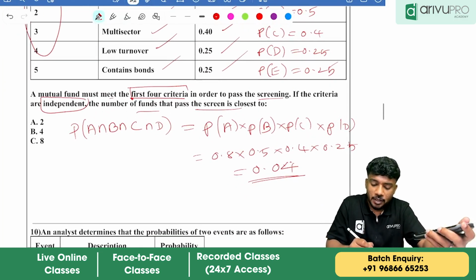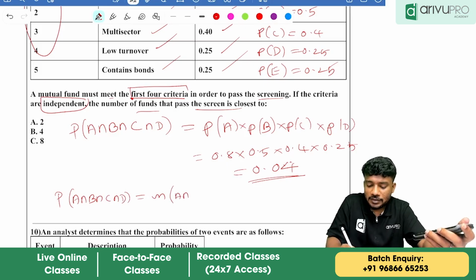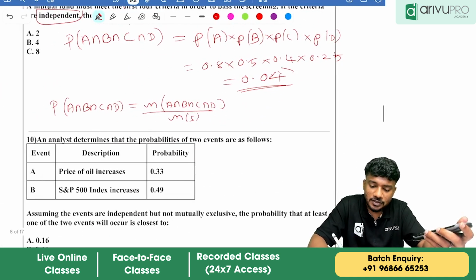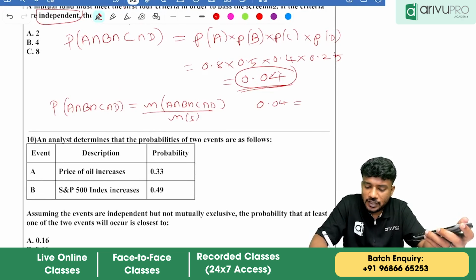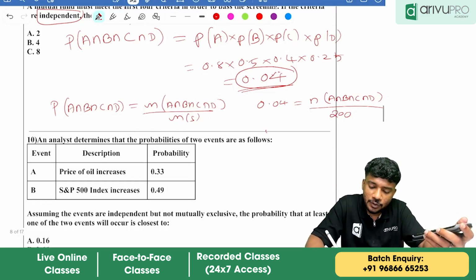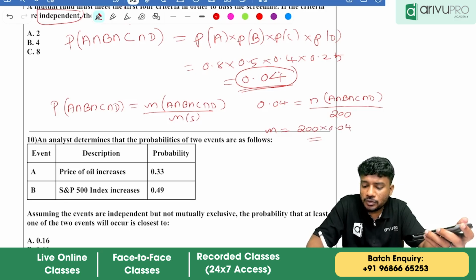We know that P of A intersection B intersection C intersection D is N of A intersection B intersection C intersection D divided by N of S. So 0.04 equals N of A intersection B intersection C intersection D divided by 200, the total. Cross multiply. So N is 200 into 0.04, which is 8.